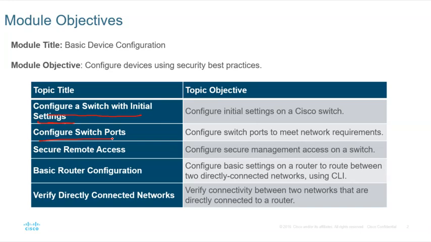Then configure the switch ports and secure remote access. This one here we haven't, and you need to pay attention to this part. Then basic router configurations, we've already covered this, and then verifying directly connected networks.